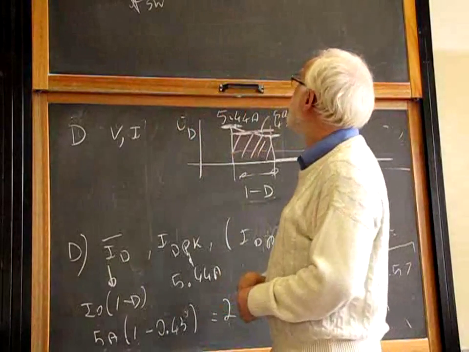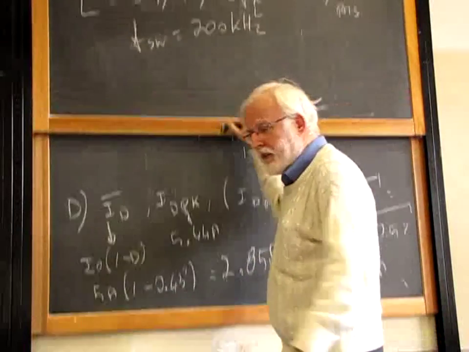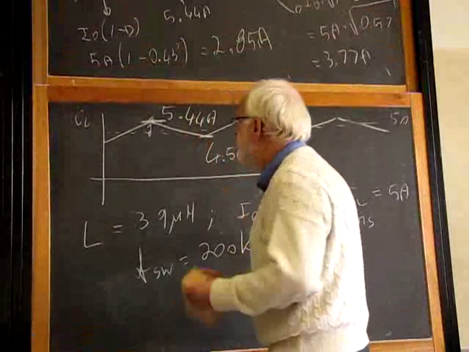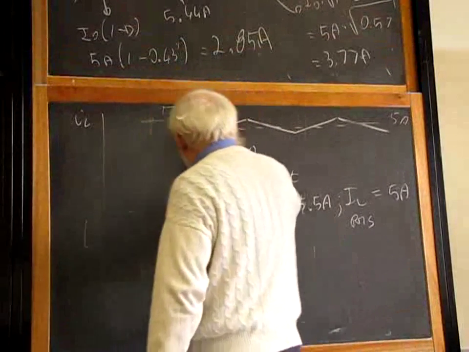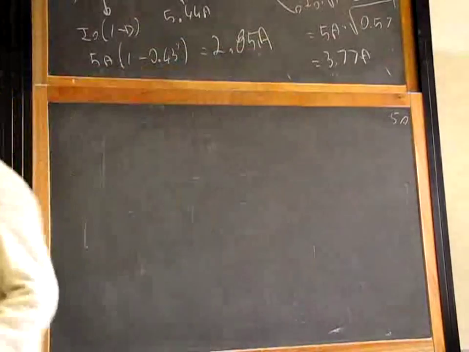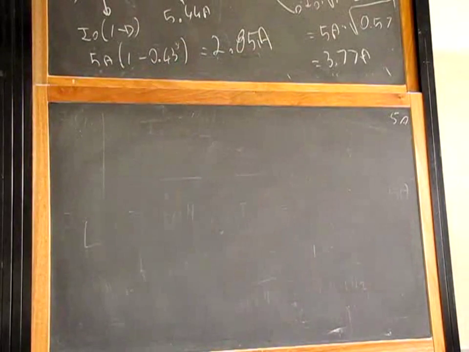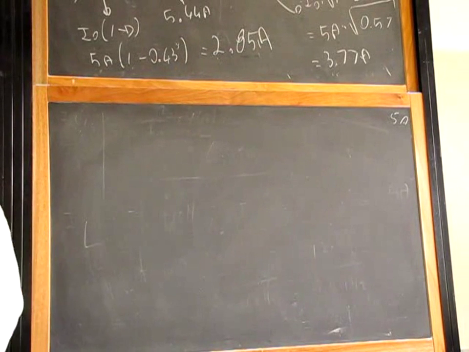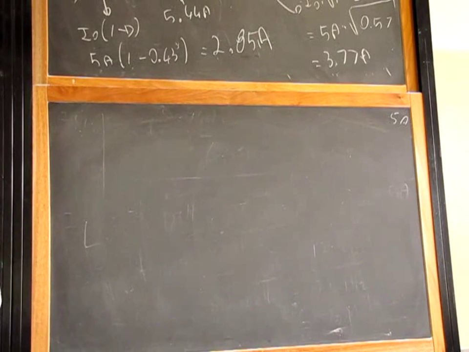Well, the voltage we need for a buck converter, for a diode: what's the maximum voltage this diode can see across it? The voltage that this diode sees across it when it is reverse biased is basically the input voltage.